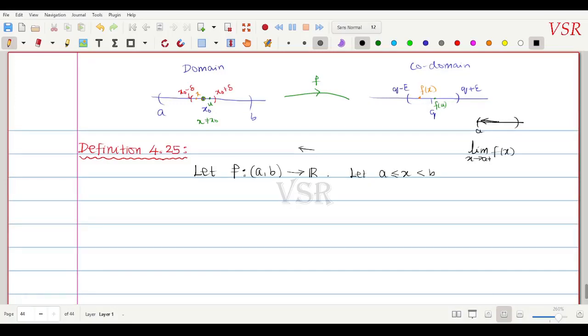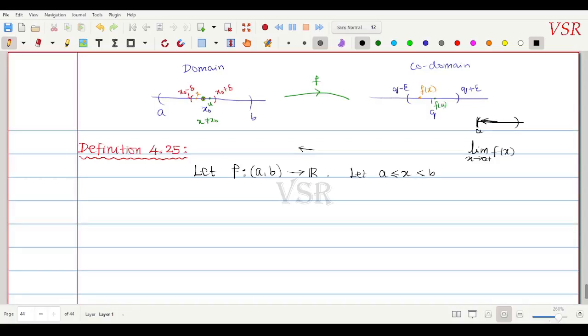That means coming from here, I can talk about a also. Right limit at the point a can also be discussed. The domain is f from the open interval a comma b to R, but I am going to define the right limit at the point x. So the right limit at the point a can also be discussed. That is why I have put less than or equal to here.